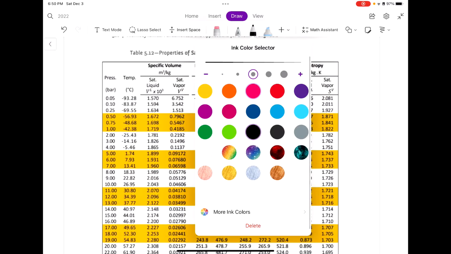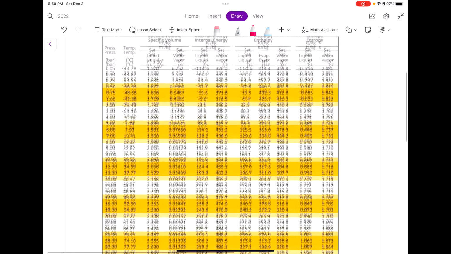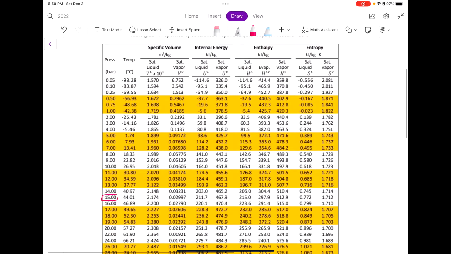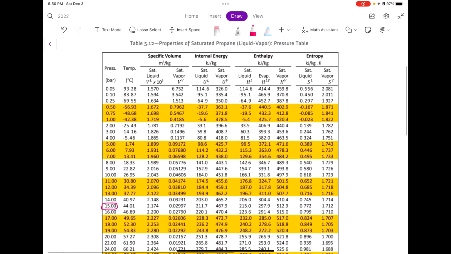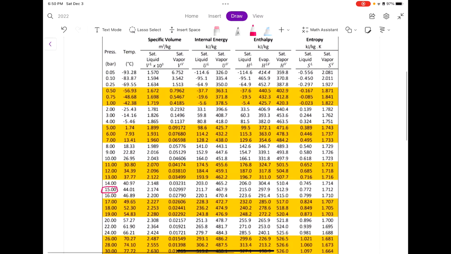I see that the pressure at 15 bar is right here, found it. The temperature that would make propane saturated at a pressure of 15 bar is 44.01 degrees Celsius. Alrighty, so we're going to compare that number, the 44.01, to the temperature given in the original problem.